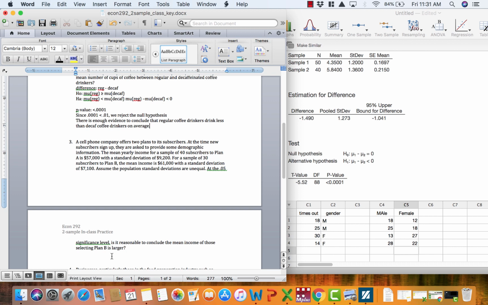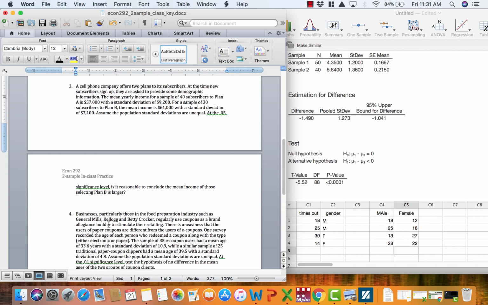Let's take a look at number 3. Here's another one that we're going to have to slowly think our way through in Minitab. A cell phone company offers 2 plans to its subscribers. At the time new subscribers sign up, they are asked to provide some demographic information.